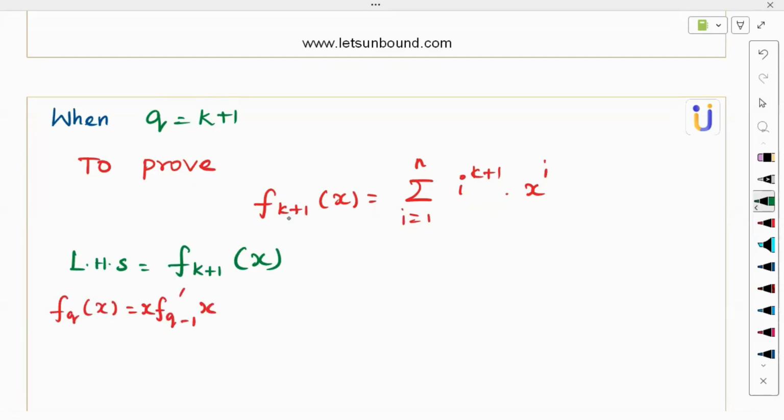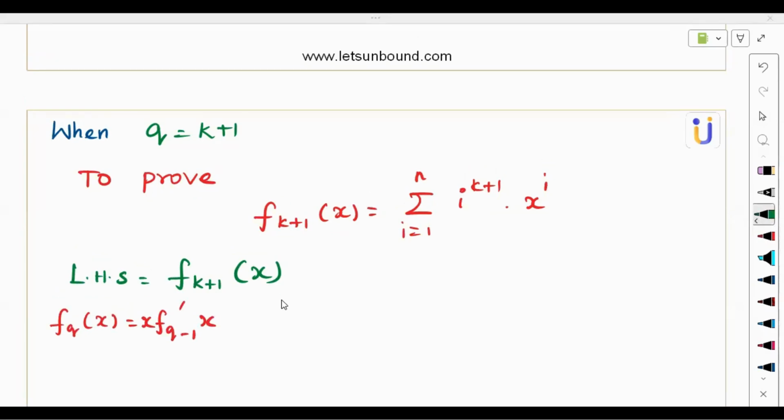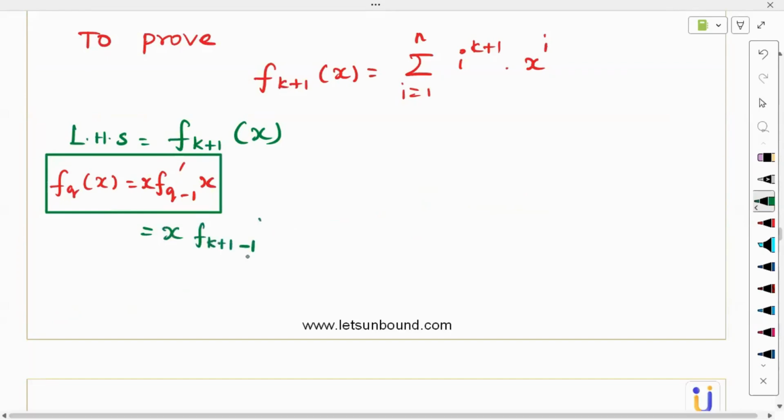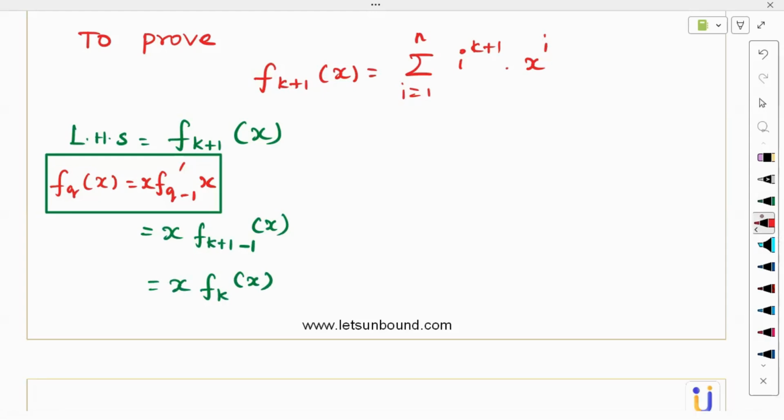This is what the family of functions is conveying to us. So fk plus 1 of x can be written as x times f k plus 1 minus 1 of x, which is x times fk dash of x. Got it? Right.